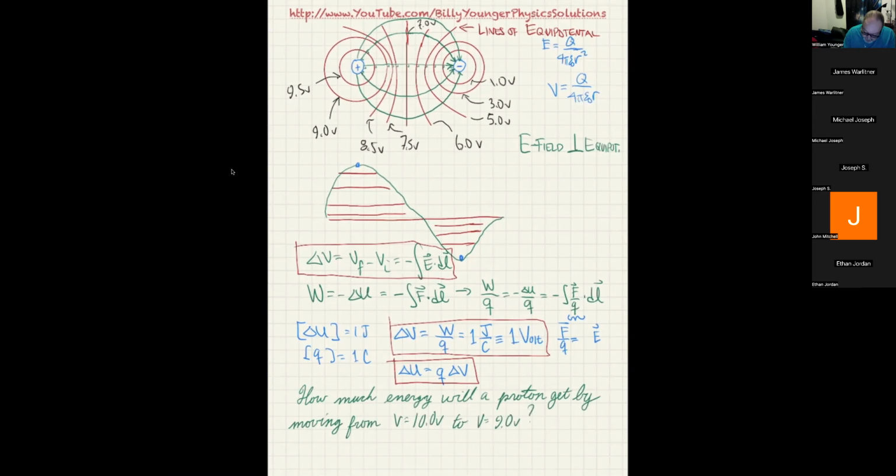So when I do that, it turns out that delta U is going to equal 1.602 times 10 to the negative 19th coulombs. Anybody know why I use that figure?